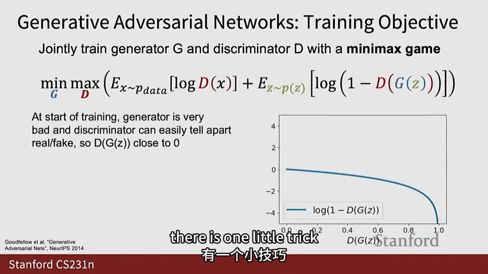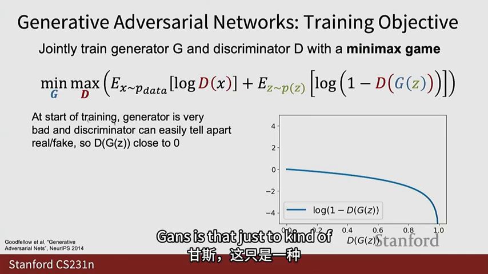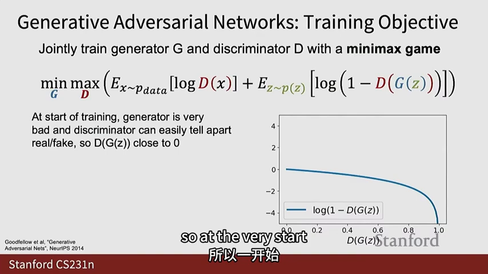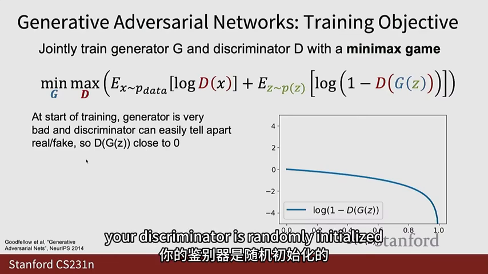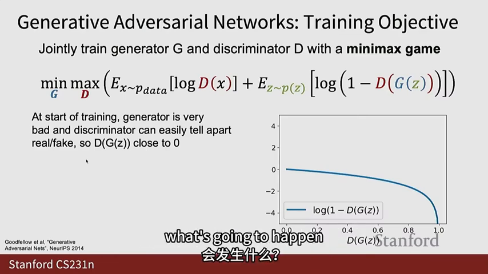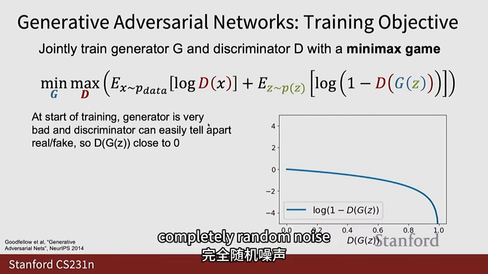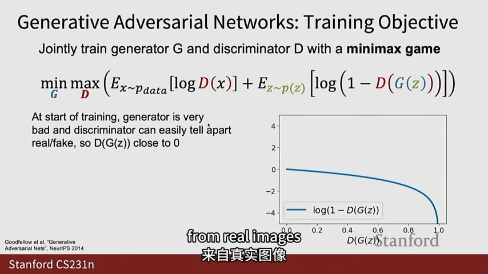There is one little trick that is useful to think about when training GANs, which is to imagine the training dynamics. Imagine at the very beginning of training, your generator is randomly initialized and your discriminator is randomly initialized. What's going to happen? At the very start, your generator is producing completely random noise, which is going to look very different from real images.